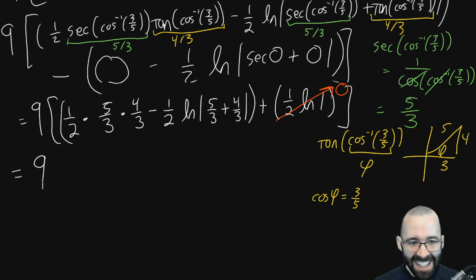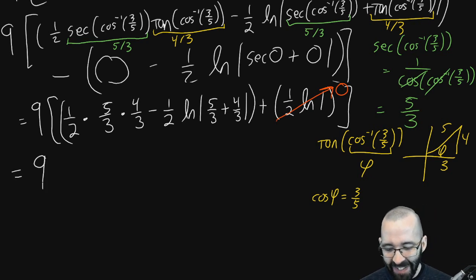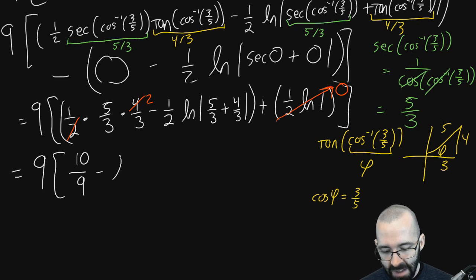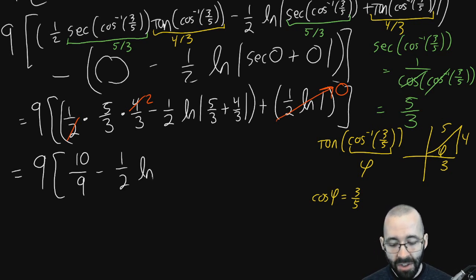Whoa, this is looking nice. I hope it's right. So what have we got? Let's simplify this. This becomes 2. Oh, that's 10/9. I like that it's over 9. Minus 1/2 natural log of 9/3, which is 3. Whoa, it's really coming out. Distribute that 9.